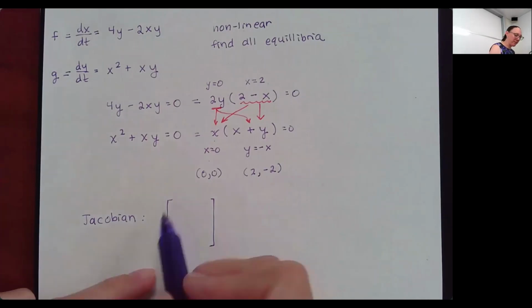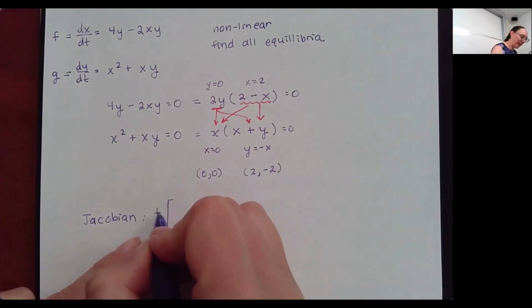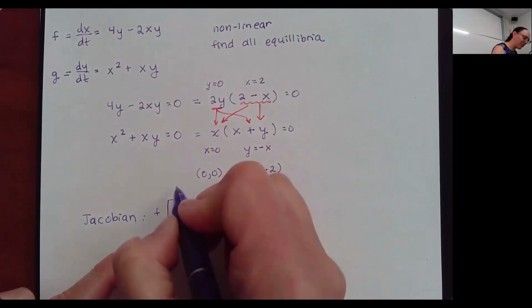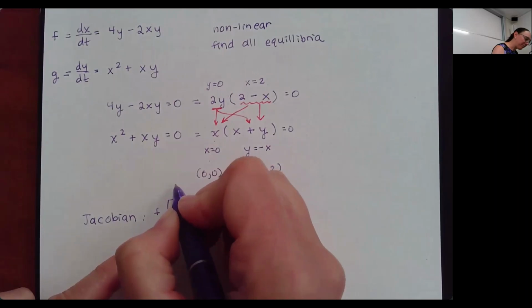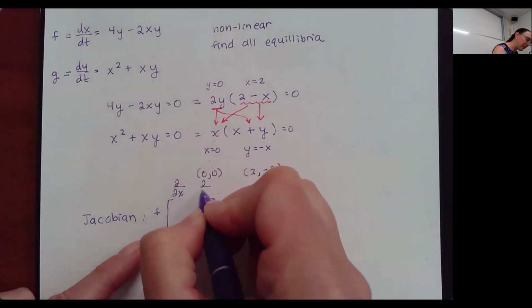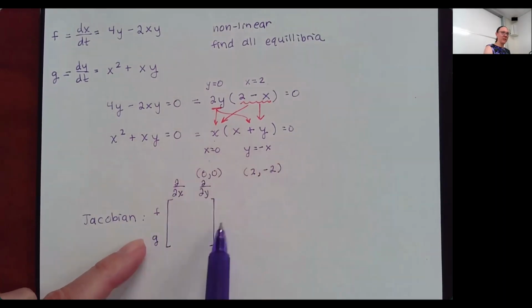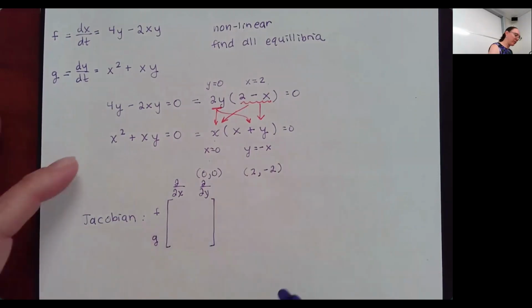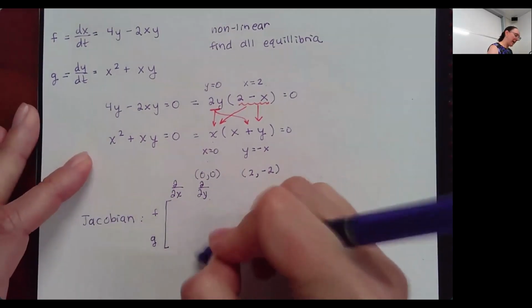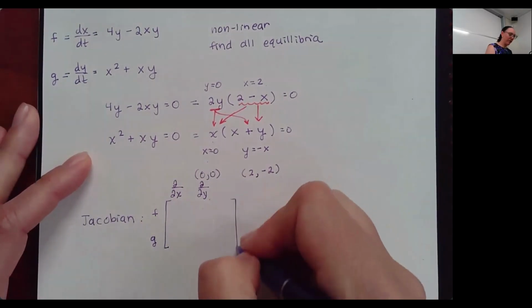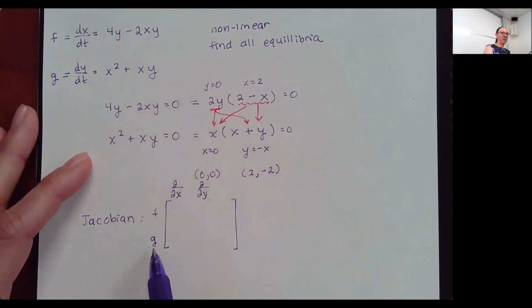So I'm going to construct this matrix, and I'm going to label the outsides of the matrix first. And I'm going to construct my matrix by, in the top row, taking the partial derivatives of the f function, and in the bottom row, taking the partial derivatives of the g function.